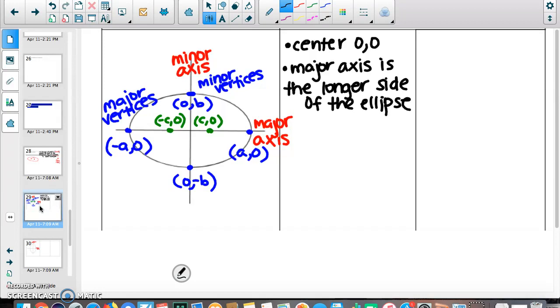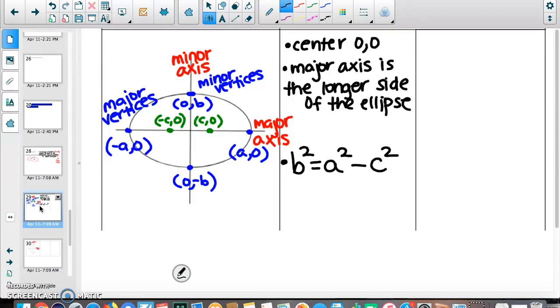Also, I have an equation relating A, B, and C. It looks a little familiar, but it's not quite the Pythagorean theorem, so be careful. So here is the equation relating A, B, and C. It's B squared equals A squared minus C squared.